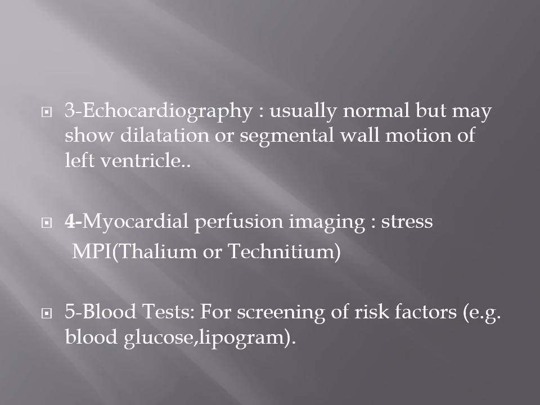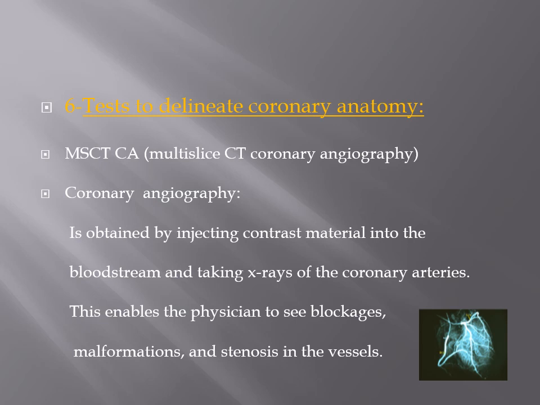And number 5 is the blood tests for screening risk factors such as blood sugar and lipogram. Number 6, tests to delineate the coronary anatomy, which may be number 1, multi-slice CT coronary angiography. This involves the injection of contrast material into a peripheral vein and then taking a photo of the coronary arteries.